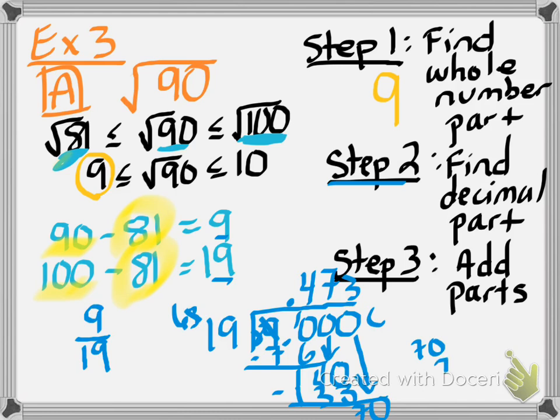So my 9/19 becomes 0.473. Because I want to round to the nearest hundredth, the 3 is smaller than 5, so we're not going to round the 7 up to 8. So my decimal part is 0.47.